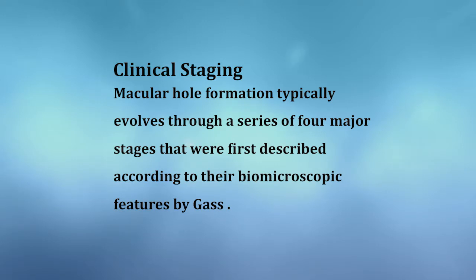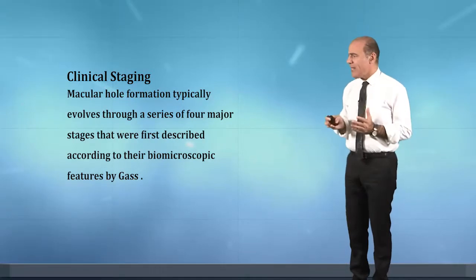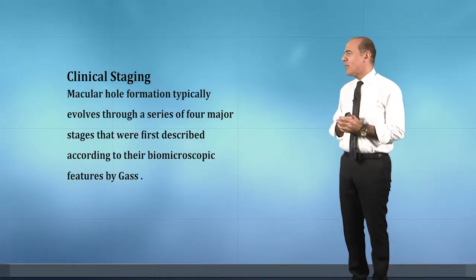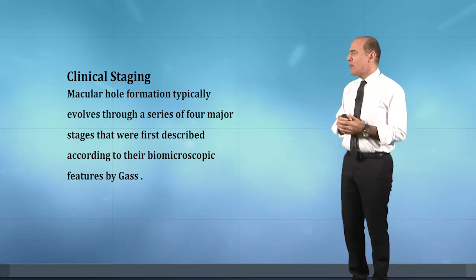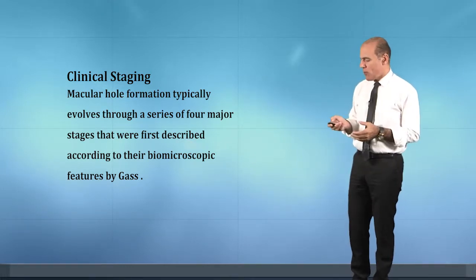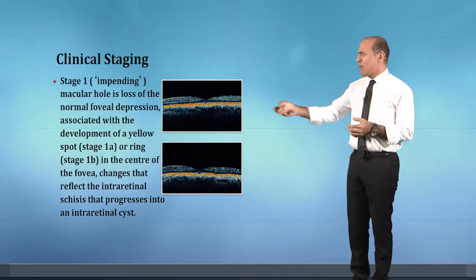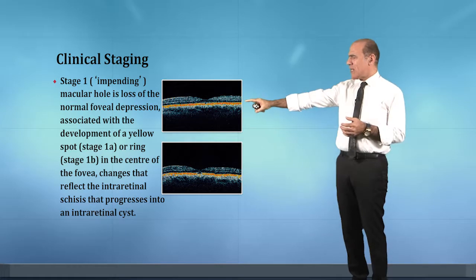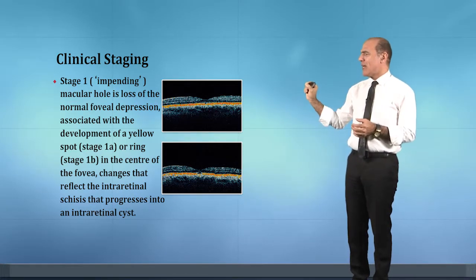On the clinical staging, as I said, all this is anatomical staging. Clinically, macular hole formation typically evolves through a series of four major stages, which were first detected according to biomicroscopic features. As we see here, stage 1 hole. If you look at the depth on the OCT, you can see a small elevation or dehiscence of the inner layer of the retina.